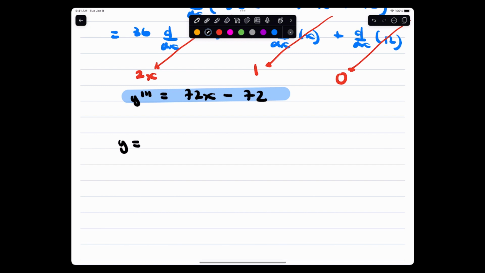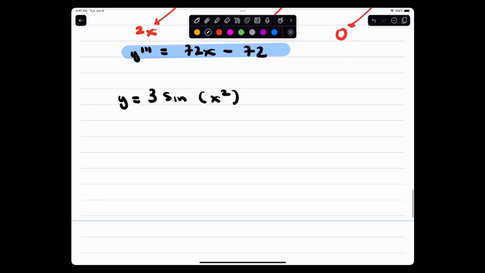And then what if they gave you, let's change that to 3 sine x squared, and they want the second derivative here.